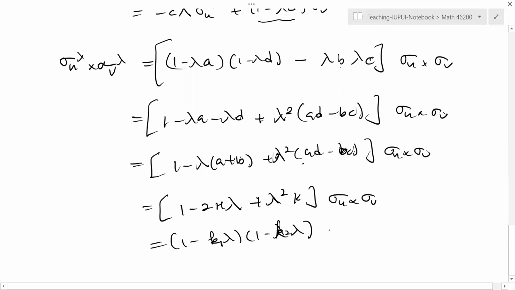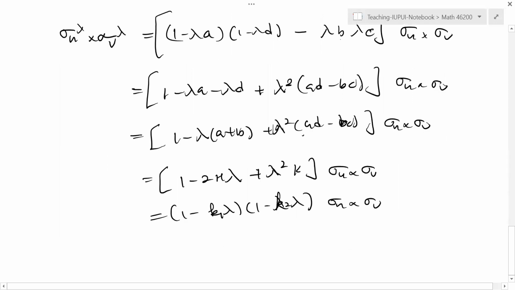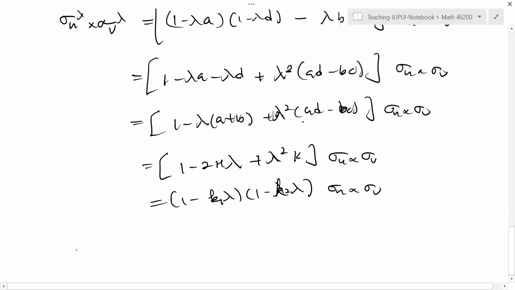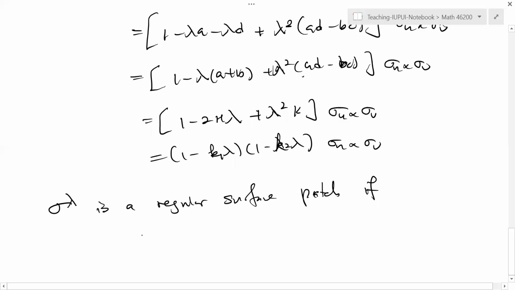That's a couple of ways to describe it. In order to make this a surface, you have to make sure this is not going to be 0. So sigma lambda is a regular surface patch if 1 minus 2H lambda plus lambda squared K is not 0.